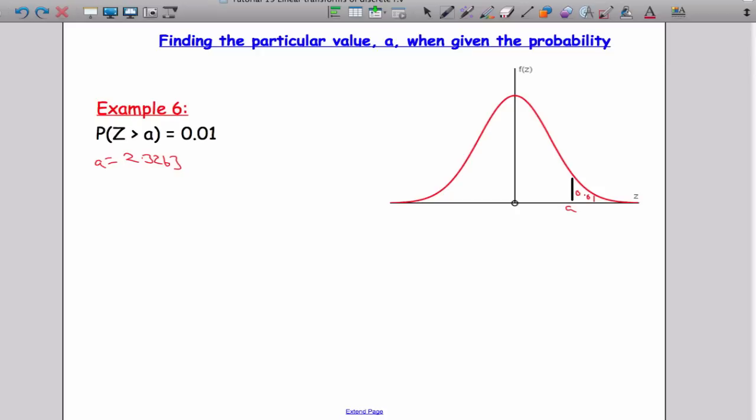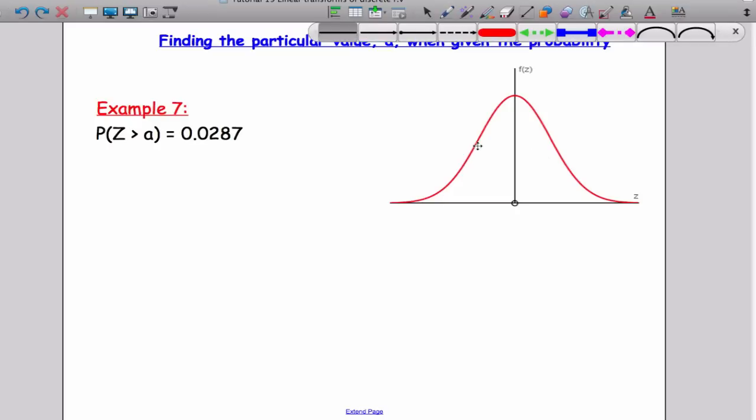Okay, let's move on and have a look at the next example. Now, I want the probability that Z is greater than A is equal to 0.0287. Sorry, I'm not looking for the probability, I'm looking for the particular value of A that gives me a probability of 0.0287. So, about 2% probability.